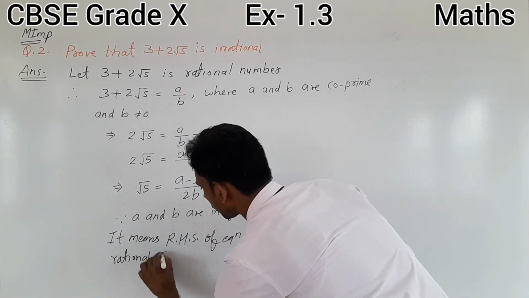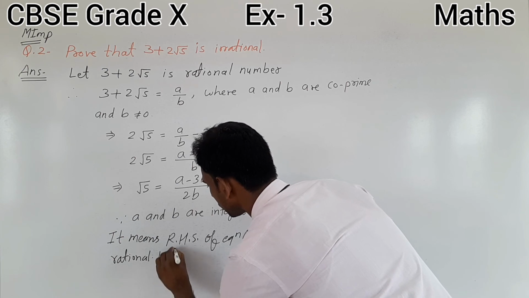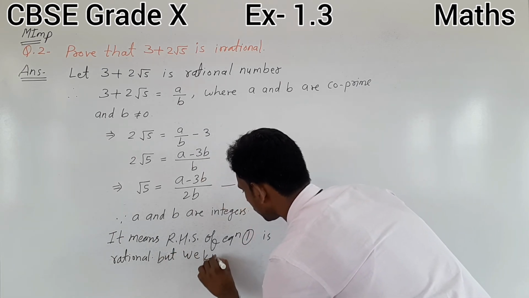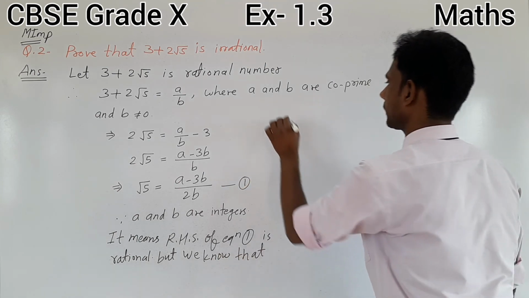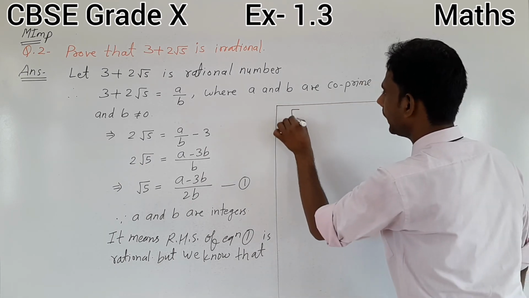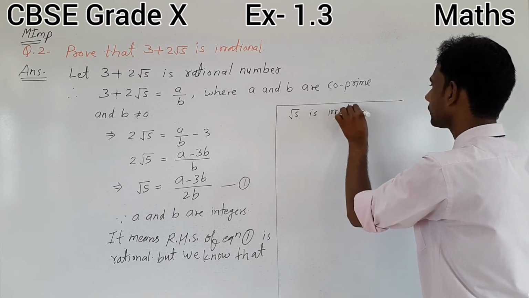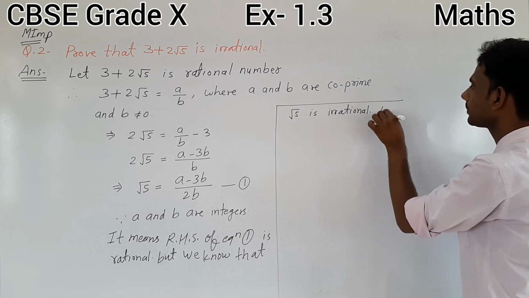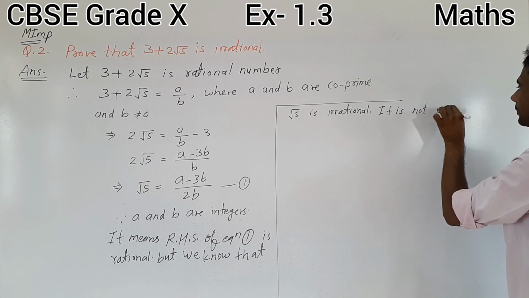But we know that root 5 is irrational. It is not possible.